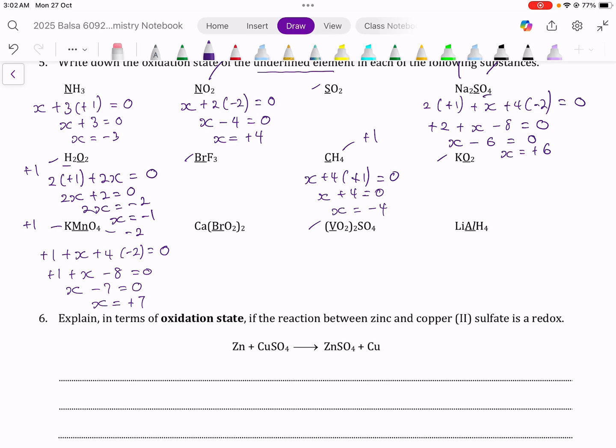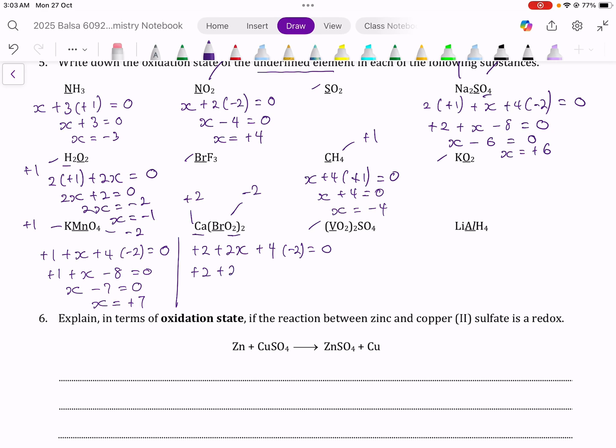The next one. The calcium is group 2 so it's always +2. Oxygen, actually there are 4 of them if you look carefully, and bromide there are 2 of them. Each oxygen is -2. So what we do here is +2 plus 2X because there are 2 bromine, then -8 because 4 oxygen, each one is -2, overall equals to 0.